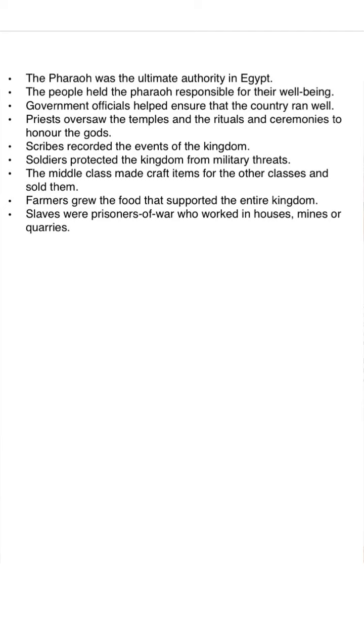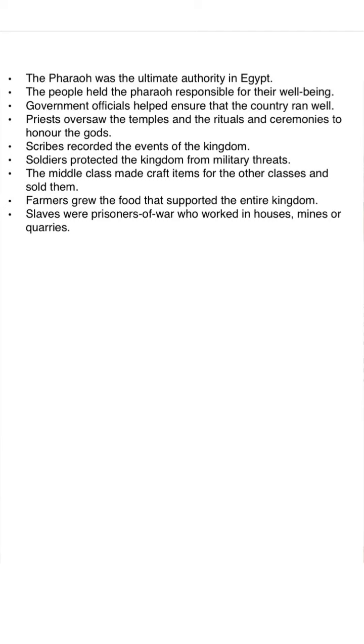Scribes were some of the only people in Egypt who could read and write. They kept the records of the country, including the amount of food produced and gifts presented to the gods. Scribes also kept records of the number of soldiers in the army and the number of workers on construction sites.